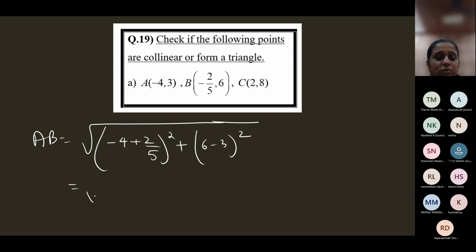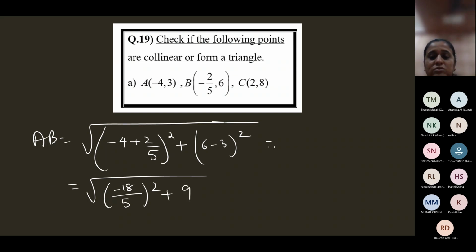So this is going to be the square root of, taking LCM 5, -20 plus 2, so -18, the whole square, plus 3 square, which is 9.